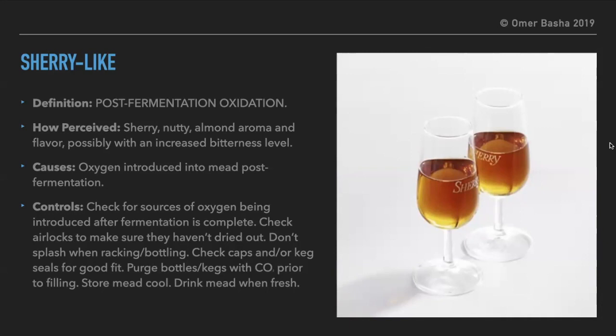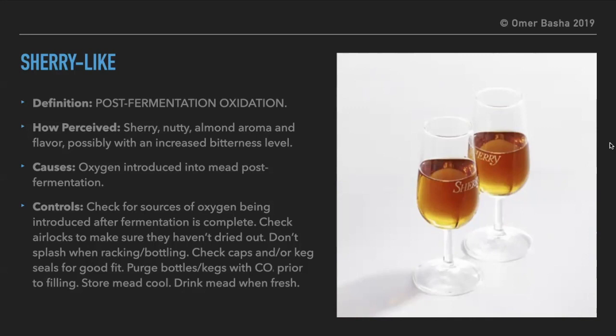But this is a positive aspect of oxidation. The causes are oxidation introduced into the mead after the fermentation. And to control it, we need to check for sources of oxidation being introduced into the mead after the fermentation is complete.